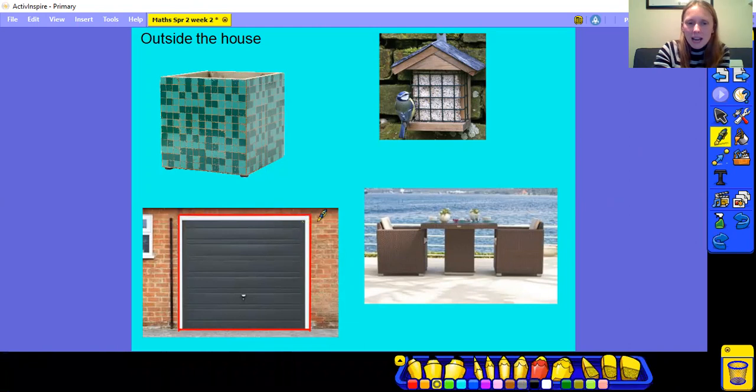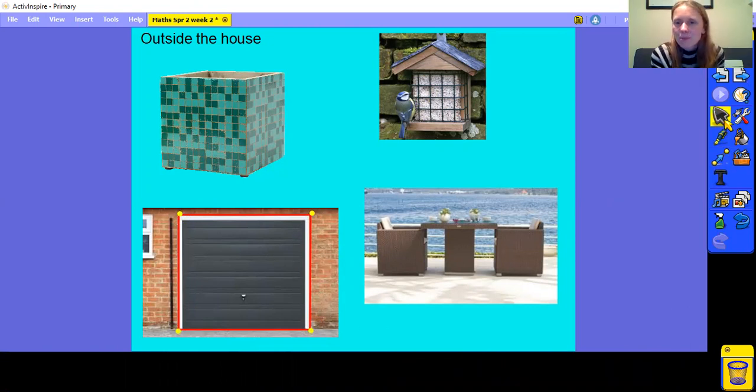And it also has 1, 2, 3, 4 corners. Did you see any other shapes on that picture? I can see some rectangles hiding on the door. And I can also see that the bricks that made the garage are also rectangles. Well done if you spotted them because they're very small.